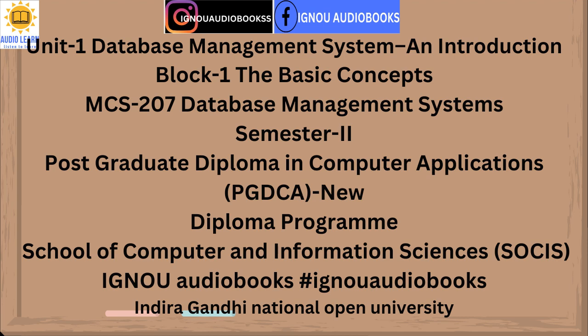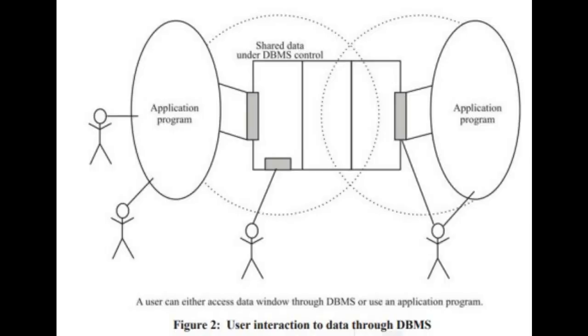The reduction in duplicate data may also help in reducing such data inconsistencies among the duplicated data of files. Thus, in the database approach, data is stored at a single place or with controlled redundancy under the control of DBMS, which helps in reducing data inconsistency.